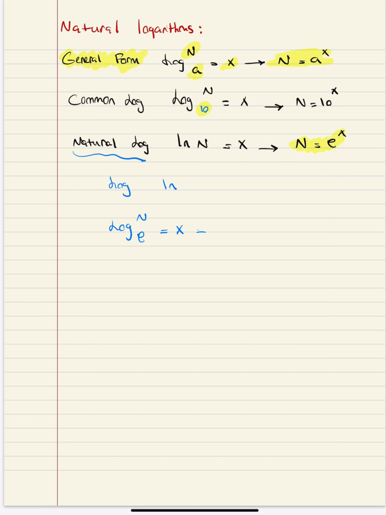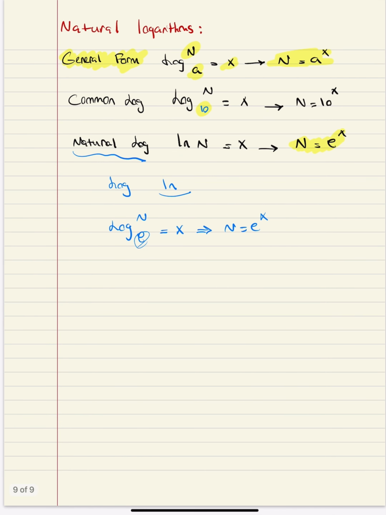And again, if you follow the general form that we have on the screen, this would mean n equals e to the power x. The notation is different. We don't write the e as the base, and instead of having log, we use the terminology ln.